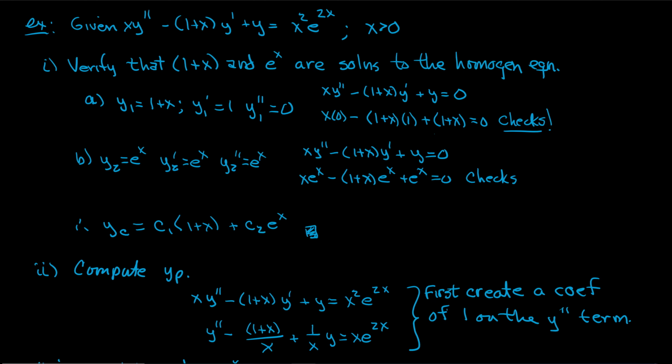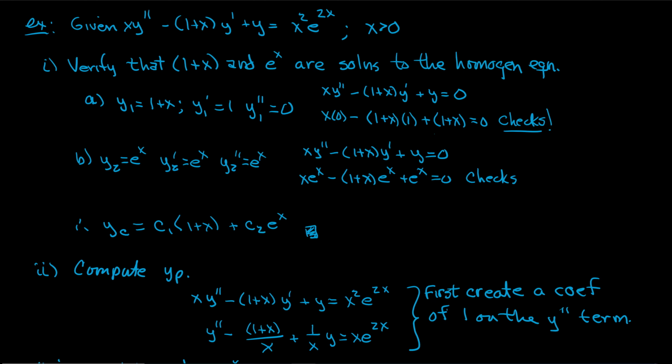We're also provided a second proposed solution to this differential equation, and that is that y2 is equal to e to the x. Well, it's pretty straightforward to compute the derivative and the second derivative of this. And as we did in the previous part, we're going to substitute e to the x in for y double prime, y prime, and y.